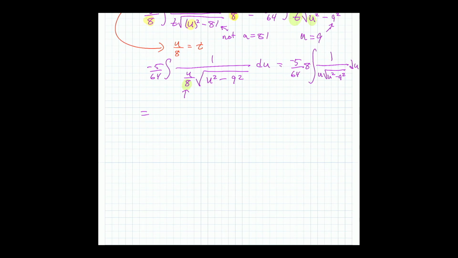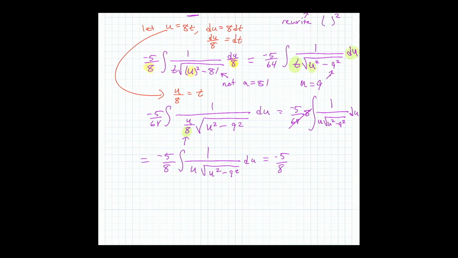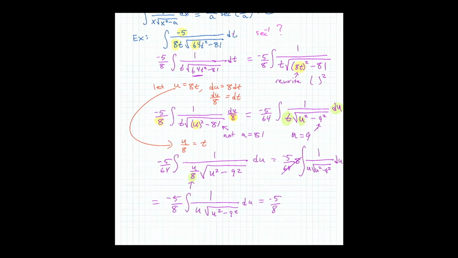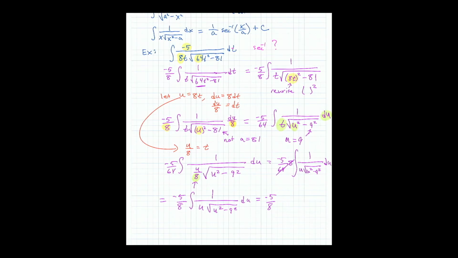So now you can cancel the 8 with one of those. We have negative 5 over 8 again, integral 1 over u square root u squared minus 9 squared du, which now matches the formula exactly, right? We still know the a. The a is 9.